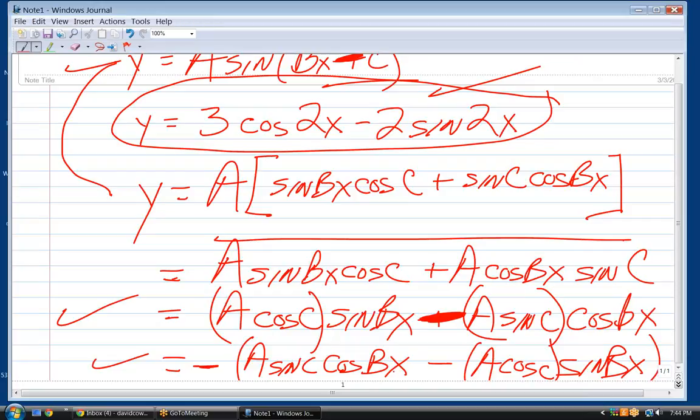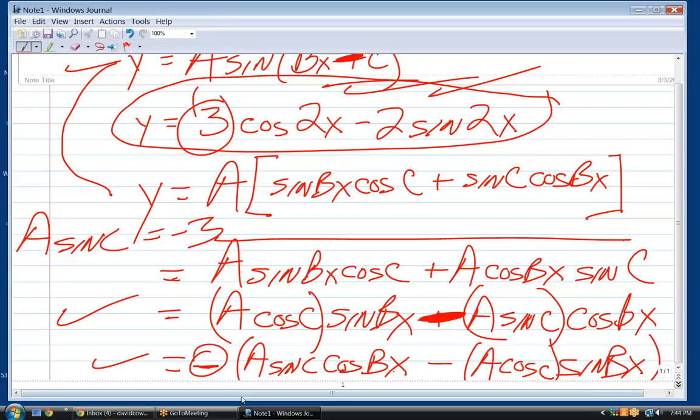And what you see on the bottom looks very much like that, where A sine C would be negative 3. So A sine C would equal negative 3, this 3 right here and this negative sign. And A cosine C would equal 2.